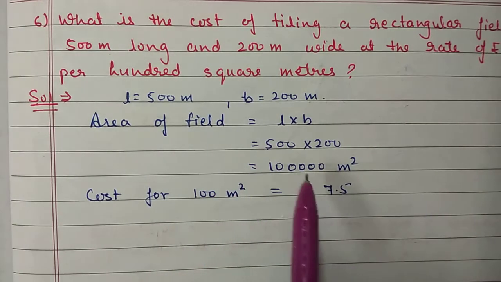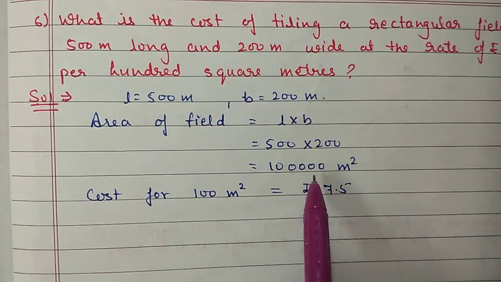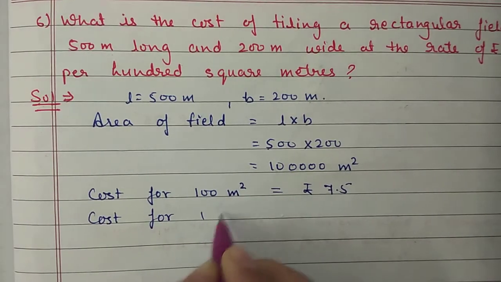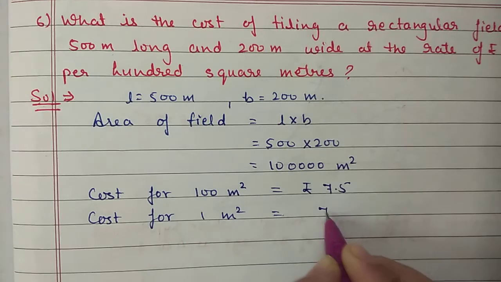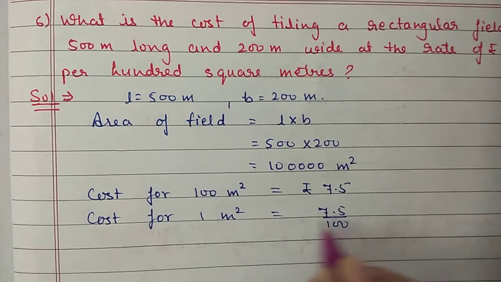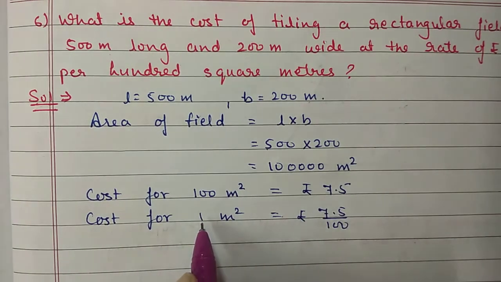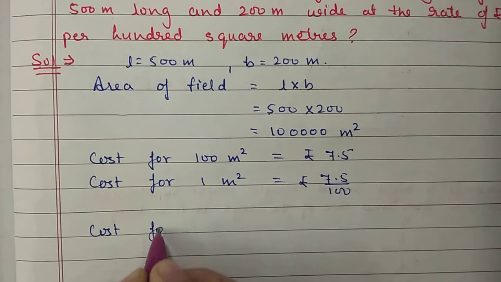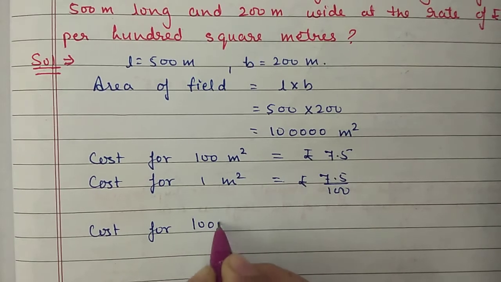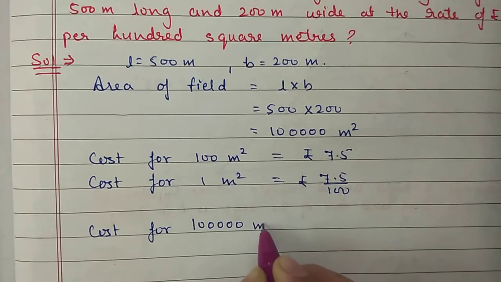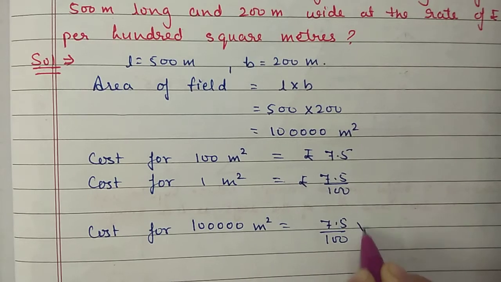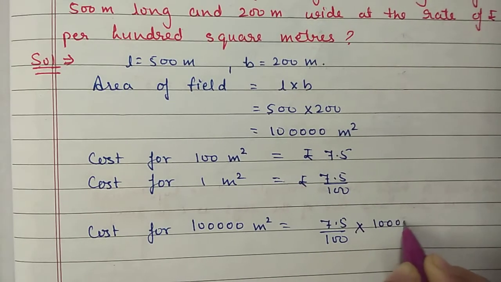So we have to find out for 1 lakh. We can find out the cost for 1 meter square, which will be 7.5 by 100. When we are finding for less, we have to divide. Now cost for 1 lakh meter square will be 7.5 by 100 into 1 lakh.